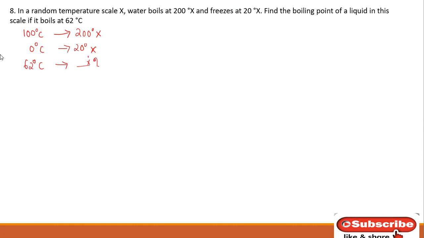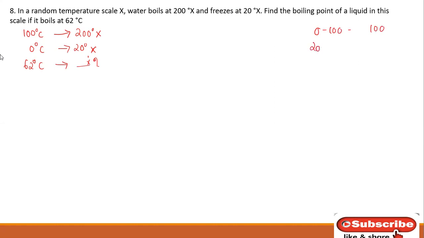Here we have to equate the coefficient of temperature in degrees Celsius with the X scale. That is, we know that 0 to 100 degrees Celsius, number of divisions is 100. 100 minus 0 is 100.